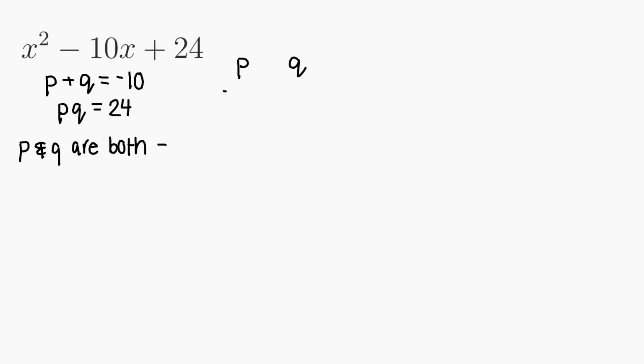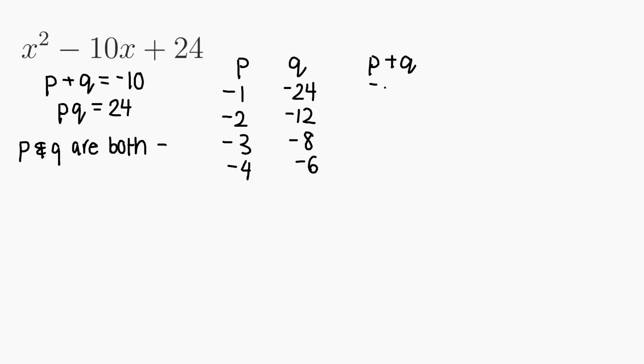So negative 1 and negative 24, negative 2 and negative 12, negative 3 and negative 8, negative 4 and negative 6. These are all the factors because as soon as you get to negative 6, negative 4, we're going to repeat them and just switch p and q. And as we talked about, p and q are just variables, so the order doesn't matter. Now we can look at the sum of p and q.